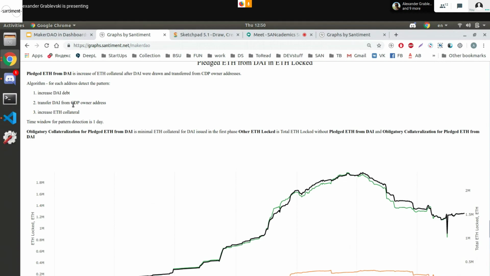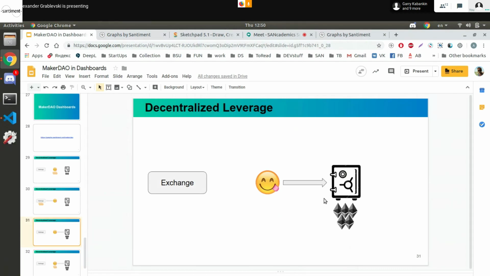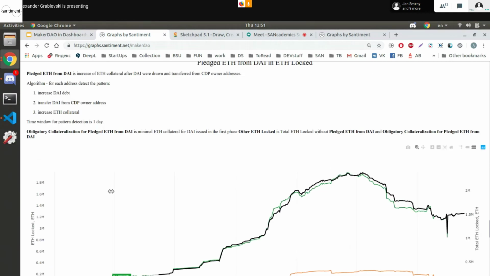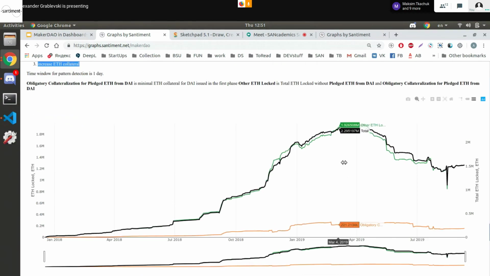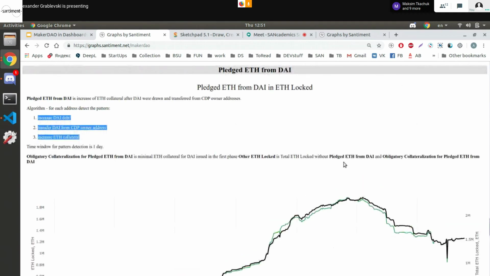And after that, if this DAI goes away, and then the ETH comes, we consider this a cycle. We can't actually fill the whole trace from the CDP to this address to the exchange, because all trades that happen on exchanges are not stored in the blockchain, so we can't get them. So we assume that any token that has been in this pattern is actually used for this leverage.